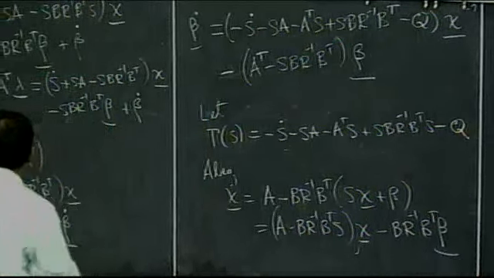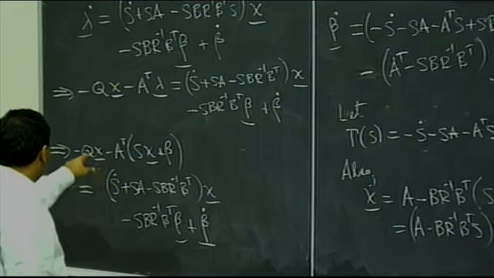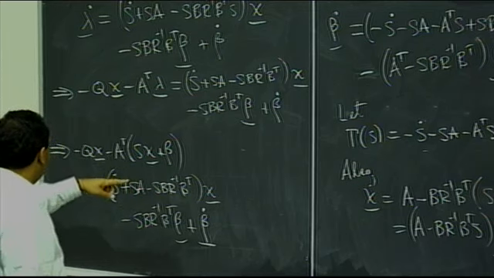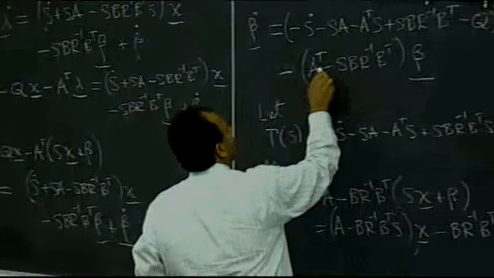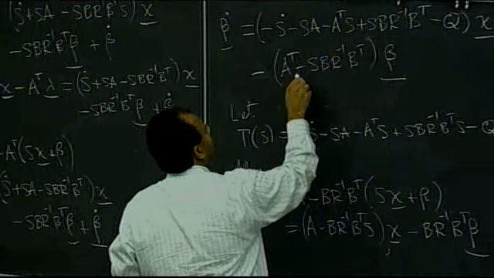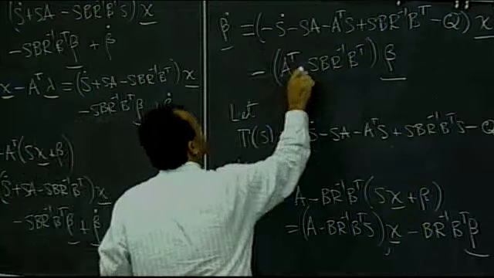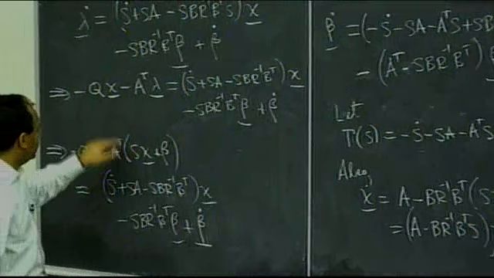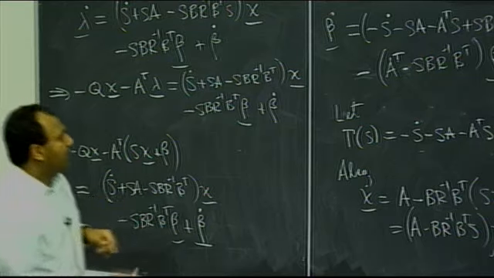Yes, it's minus A transpose beta, so that's correct. And then I take this to the other side to get a plus. Okay, that's fine.